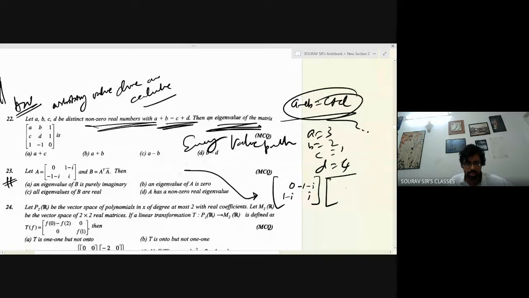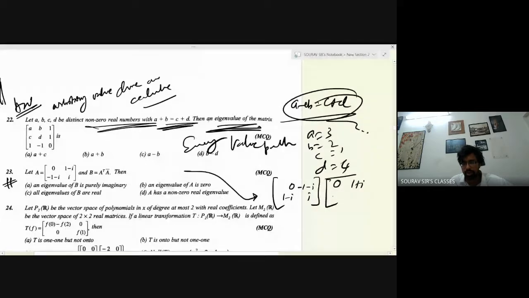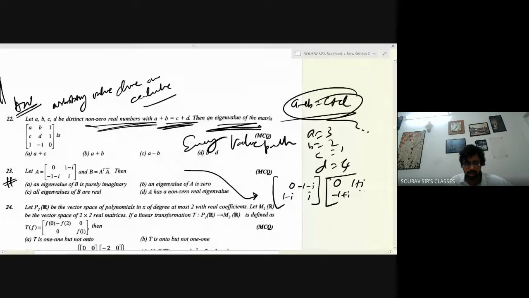Into this, so this will be 0, 1 plus i, minus 1 plus i, and 3.